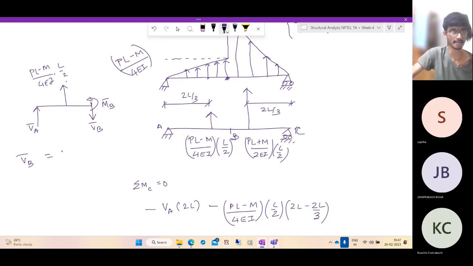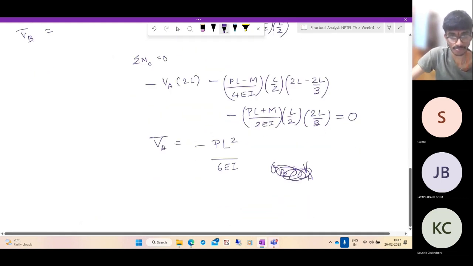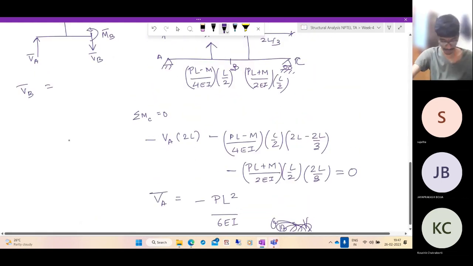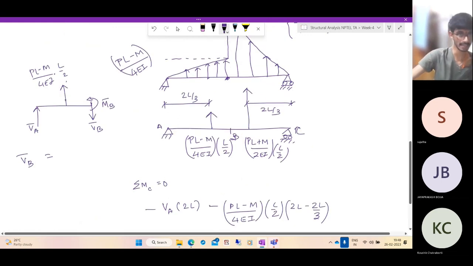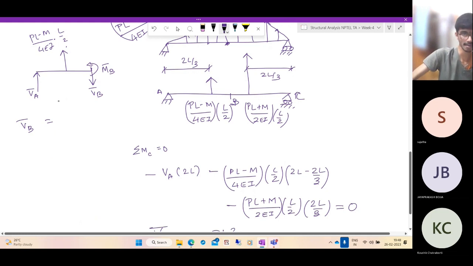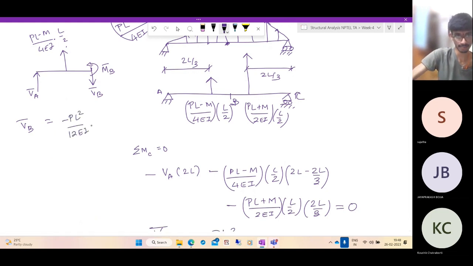You will get PL square by 8EI minus PL square by 6EI, which is nothing but PL square by 12EI. Sorry, PL square by 24EI. And you'll have this minus ML by 8EI. So you'll get VB as minus PL square by 12EI minus ML by 8EI.